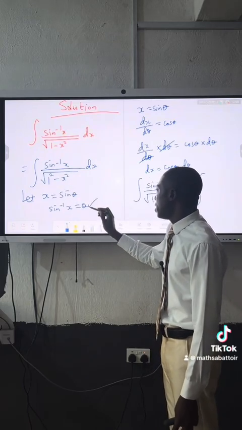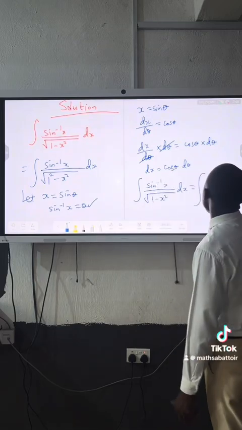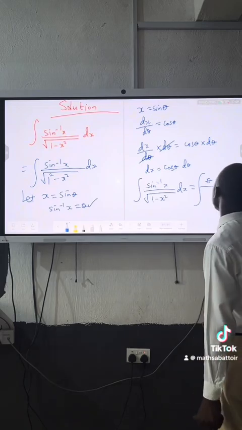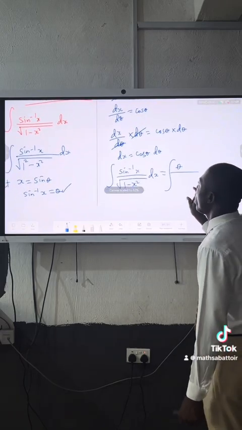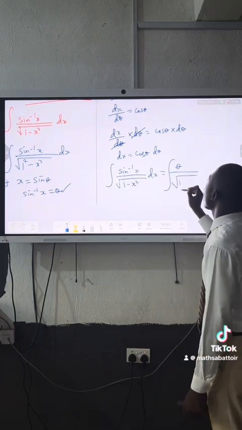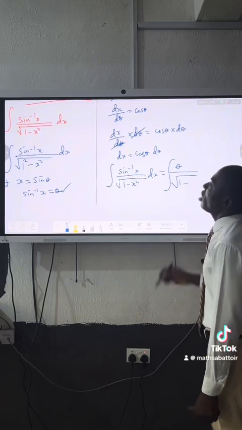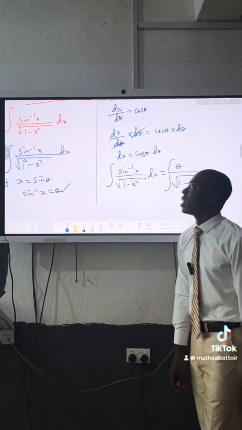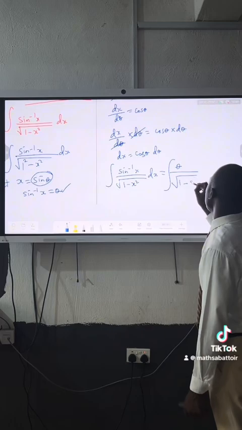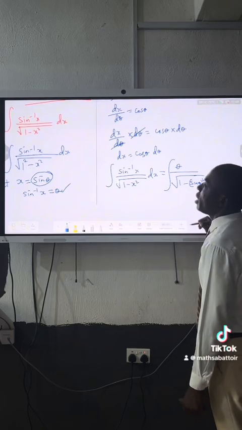It's just theta that is the equivalent of that one. So you write theta at the numerator. Then at the denominator, you are going to have the square root of 1 minus, instead of x now, you are going to write sine theta, all squared like this.